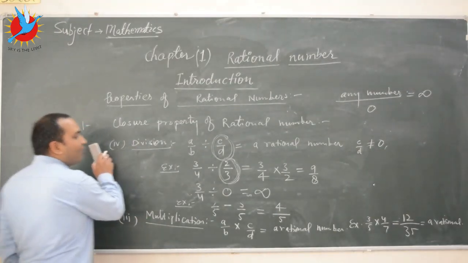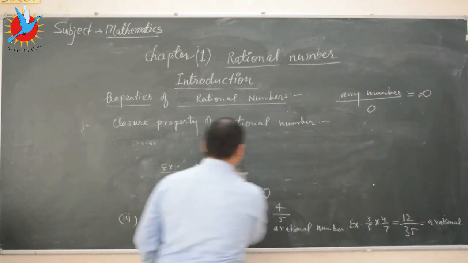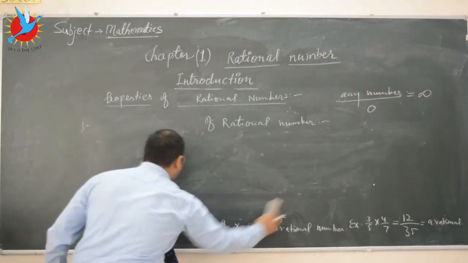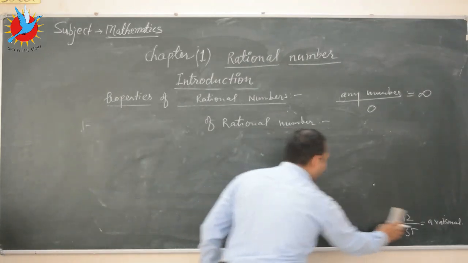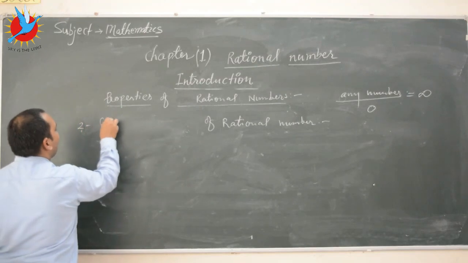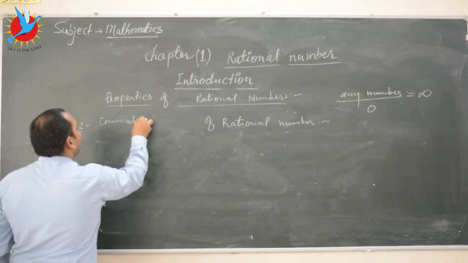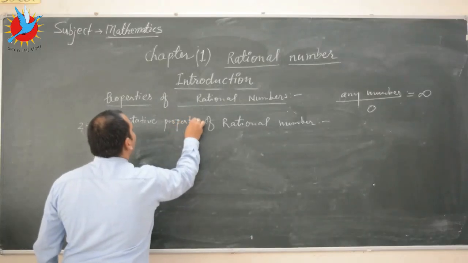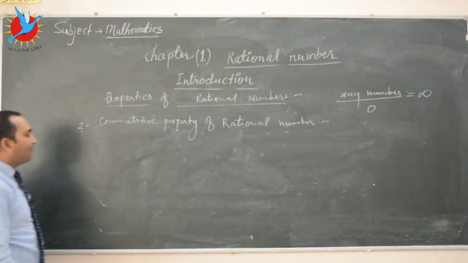Next property, commutative property. Second property, commutative property of rational numbers.